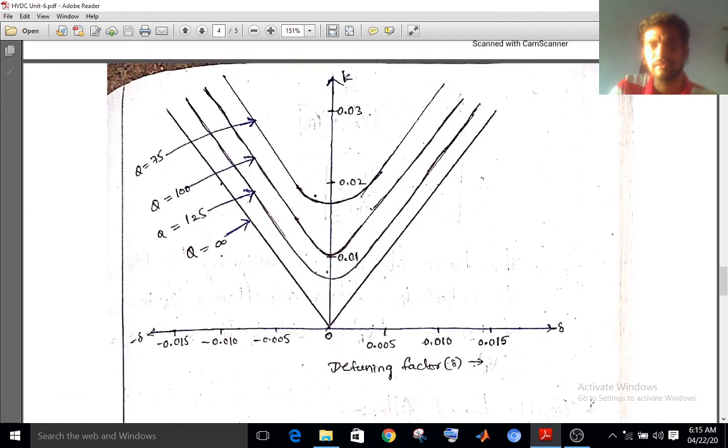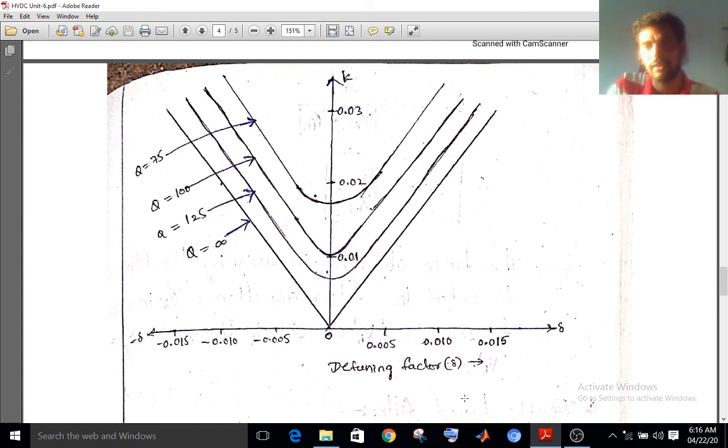So if you observe this graph, it was drawn by taking the detuning factor on the x-axis and the constant k. Actually this is mod k, we are taking the modulus of this k value. That's why we are getting both sides, negative side and positive side, so we are getting the values plus or minus k.